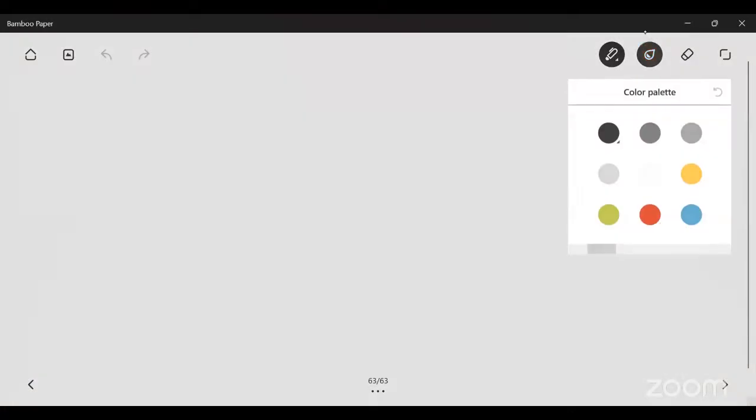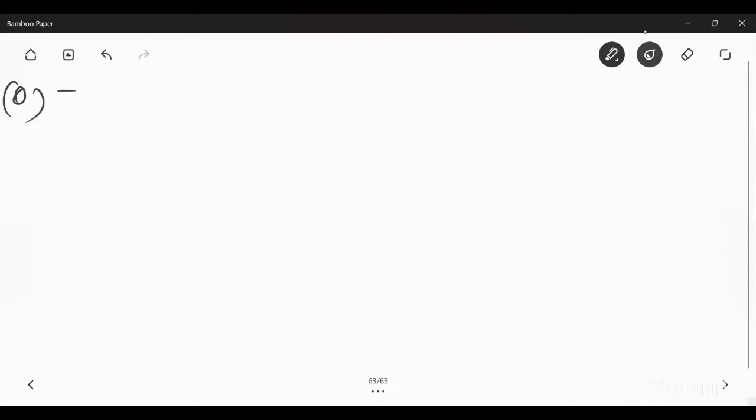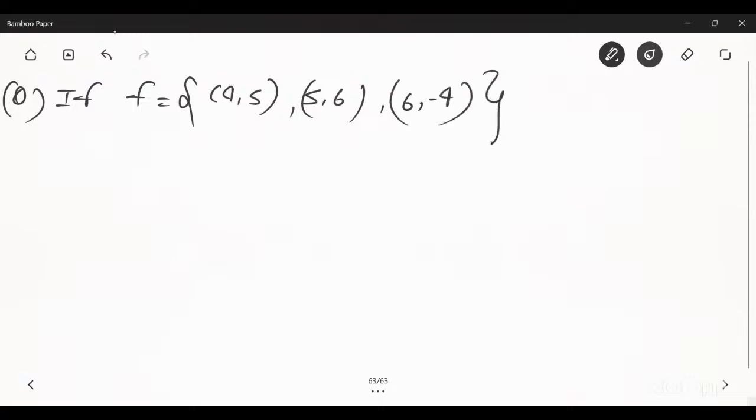Now the next question is, if f is equal to {(4, 5), (5, 6), (6, minus 4)} and g equal to {(4, minus 4), (6, 5), (8, 5)}.